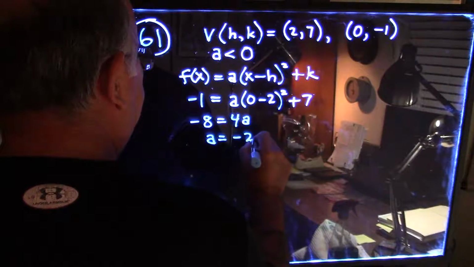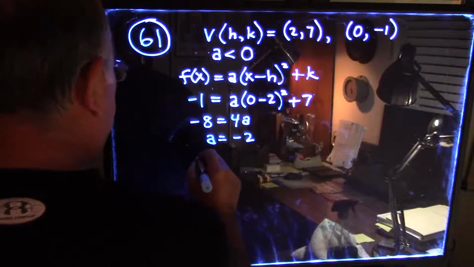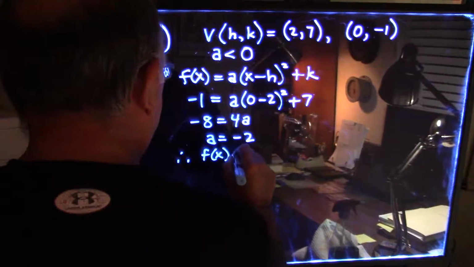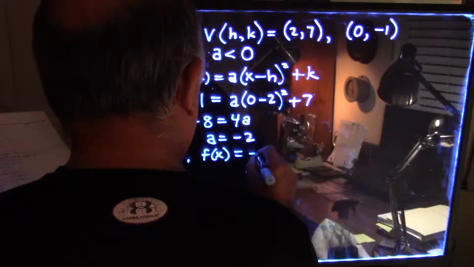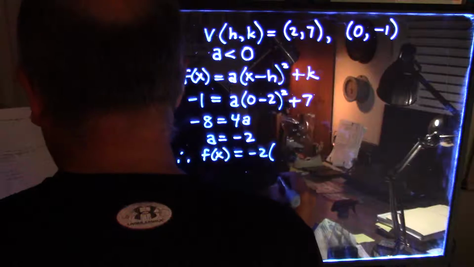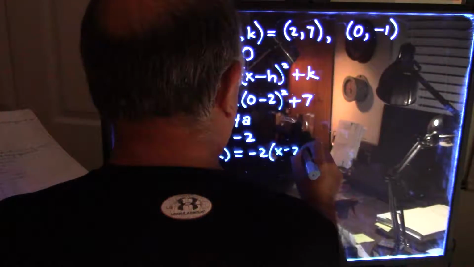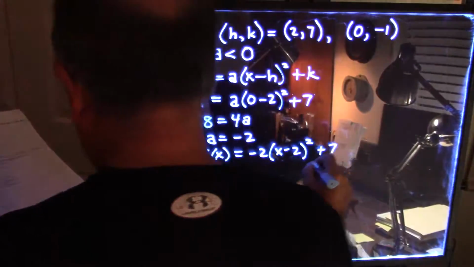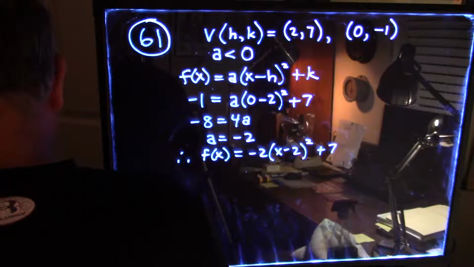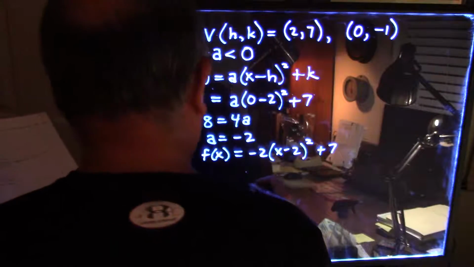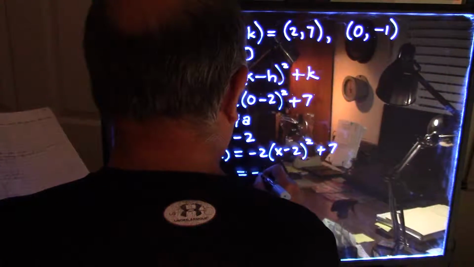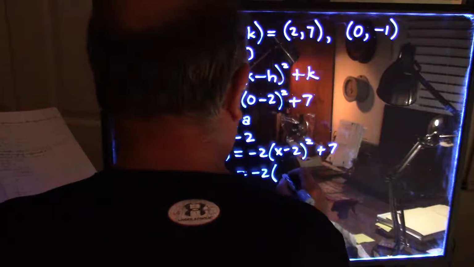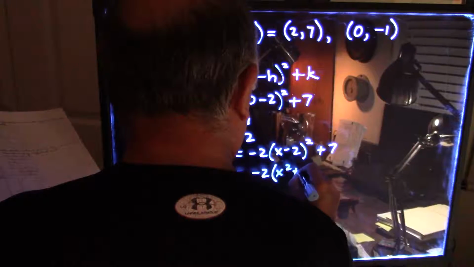Negative as we thought. So therefore f of x is equal to negative 2 times the quantity x minus 2 squared plus 7. And this is equal to negative 2 times, we can expand that, x squared minus 4x plus 4.